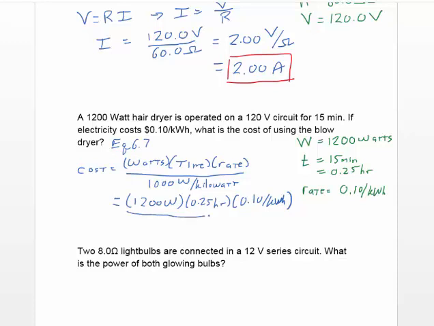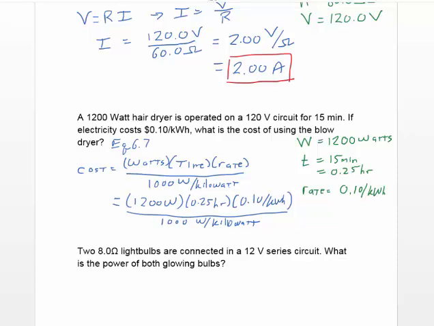And we divide that by 1,000 watts per kilowatt. So what are we going to cancel here? Let's see what's going to cancel and what we're going to get with this problem. And if we multiply all of those numbers together in the top, what do we get?